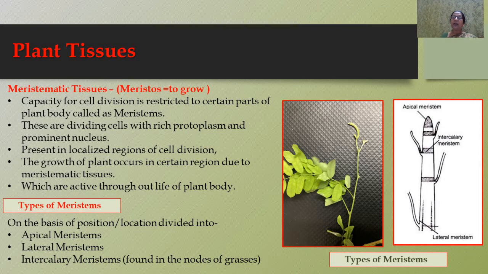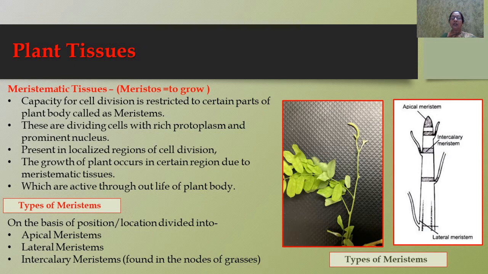These meristematic cells are restricted to specific regions of the plant body. The growth of the plant occurs in these regions totally due to the presence of meristematic cells.